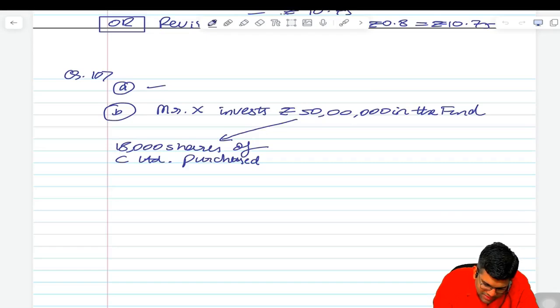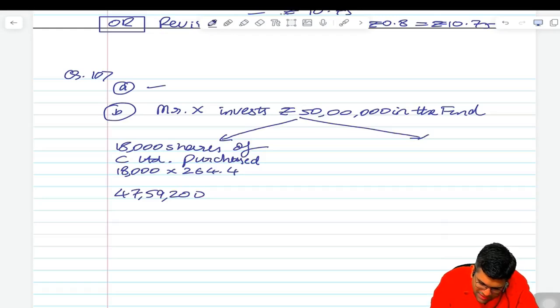So, someone please tell me how much money went into investing 18,000 into 264.4. And that is how much? 47,59,200. Then that means, students, how much is the balance?